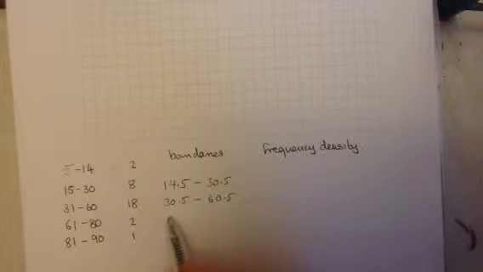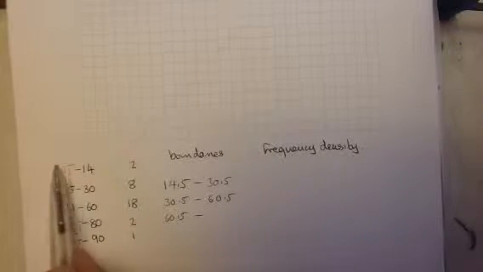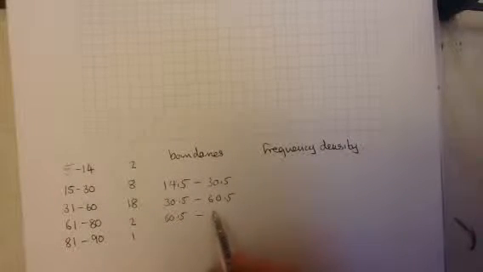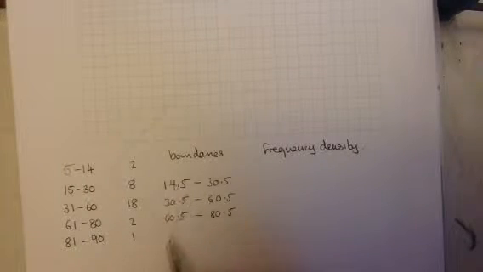Now you'll notice I didn't start with the first class, and the reason being we don't know what was the number before the 5, and the normal practice is to use the same spacing or boundary as you have used in the other classes.